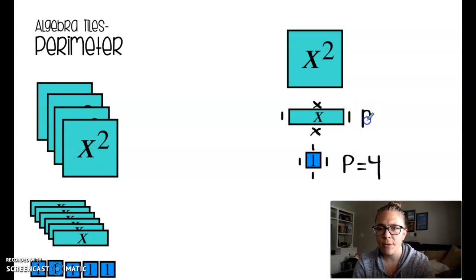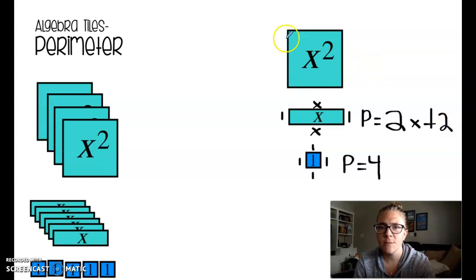So if we were to find the perimeter of our x tile, we would have 1, 1, so we can combine that to be 2, and then we have 1x and another x, so we have a total of 2x. And actually this is not the correct way to write an algebra expression, so you should be writing it with the x first. So I'm going to record it this way: 2x plus 2.